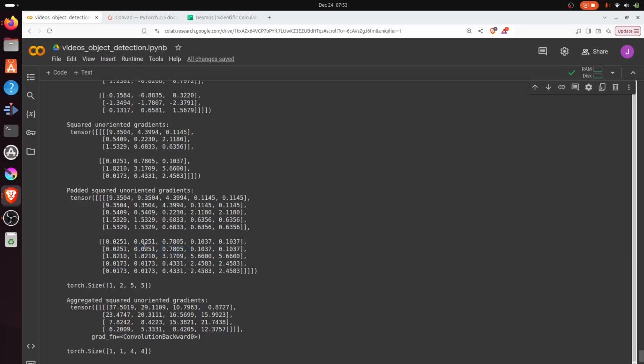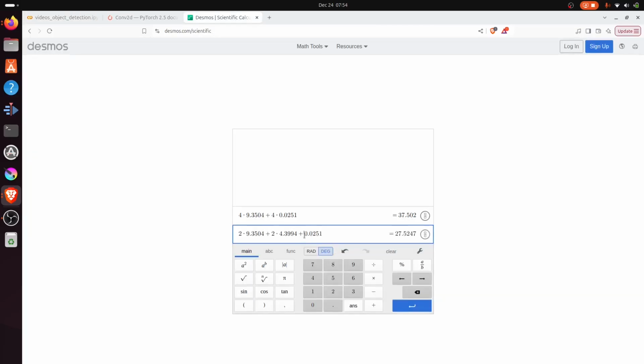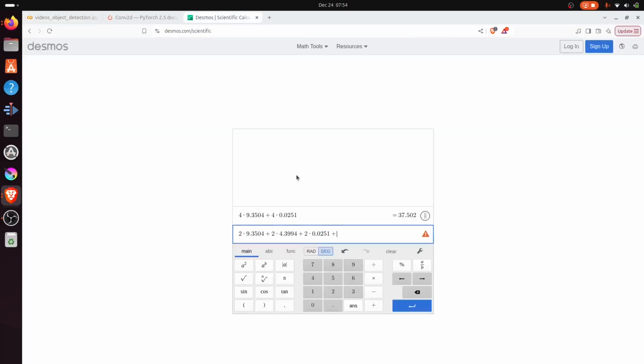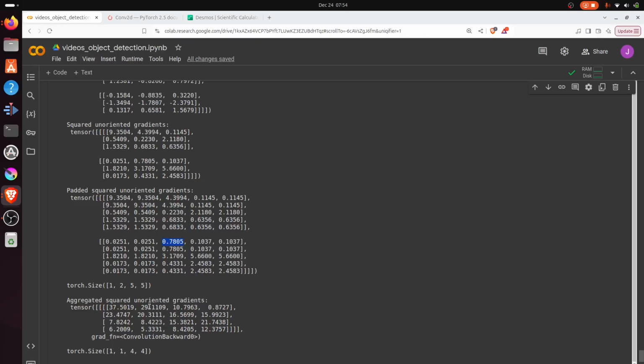Again, let's take that and multiply by 2, and again we do the same with the number. So we get this 29.11. Exactly, that is what we get. Fantastic. So now let's continue with the algorithm.